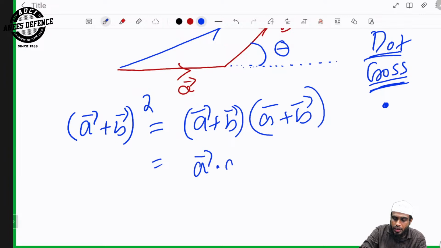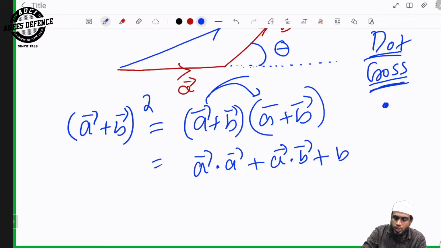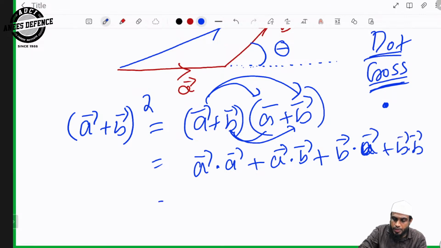A dot A, then plus A dot B, then B dot A, B dot B. A dot A can be written as modulus of A square.